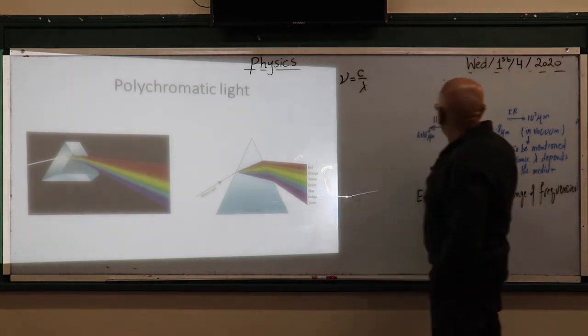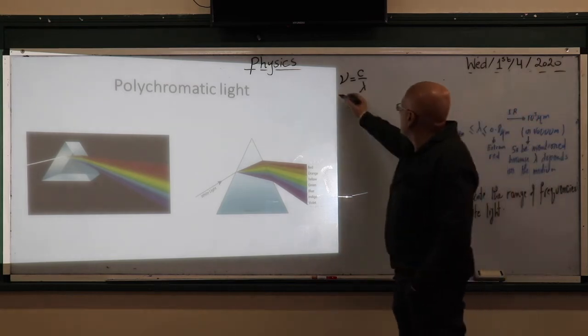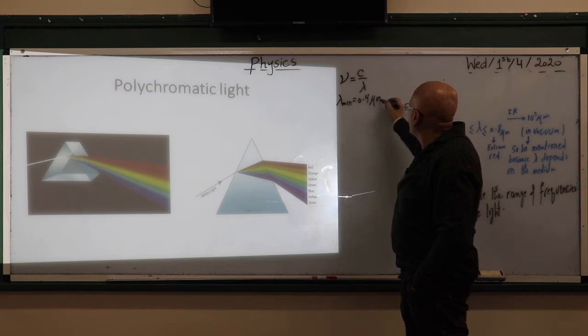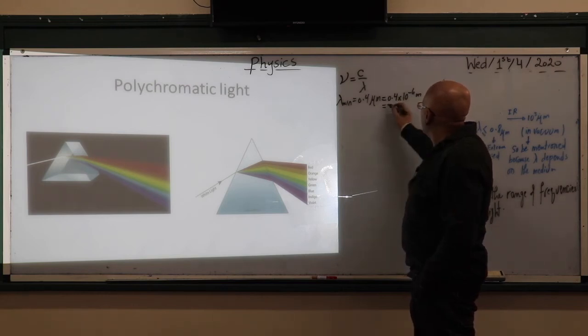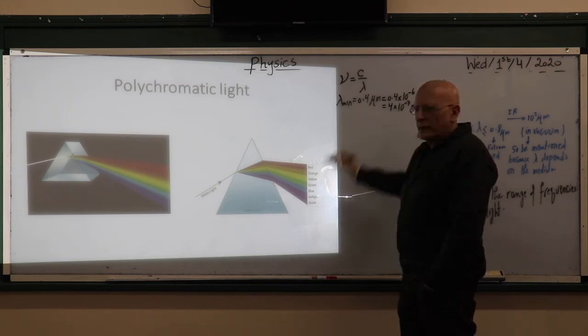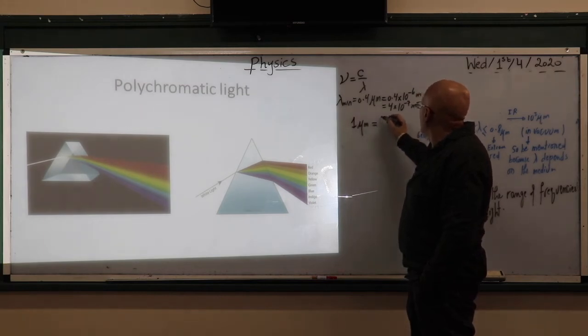Look here, the minimum value, which is the extreme violet, lambda minimum is equal 0.4 micrometer. Change it to meter. This means 0.4 times 10 power minus 6 meter, which gives 4 times 10 power minus 7 meter. Keep in mind that 1 micrometer is equal 10 minus 6 meter.